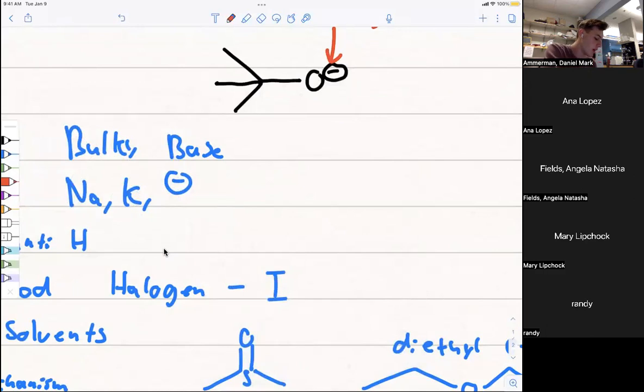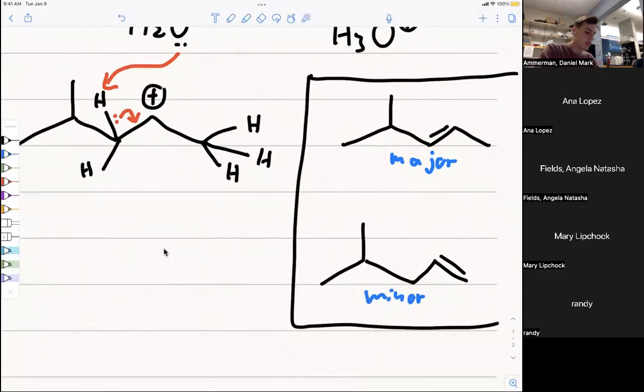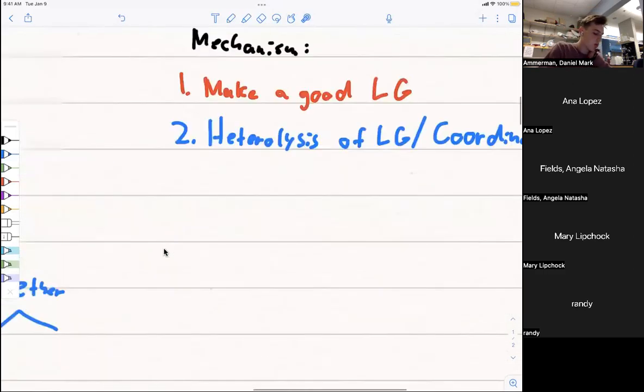So what we end up with is anti-Zaitsev's rule, meaning that we're going anti what it normally should be. So that minor product we produced before is now our major product. If we had a bulky base, we would switch these two.